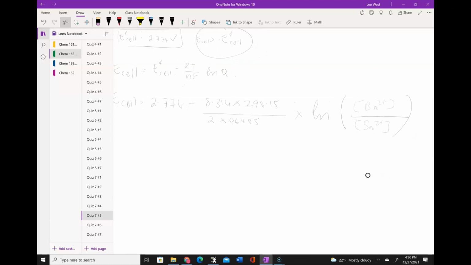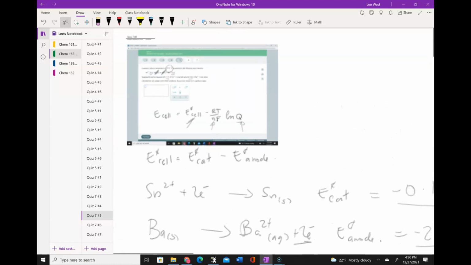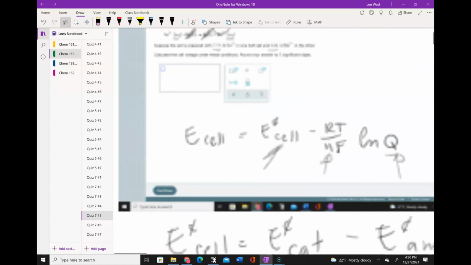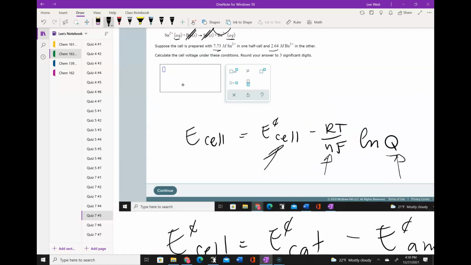So we have those numbers, don't we, right? Our barium ion concentration was bigger. There we go, 2.64.